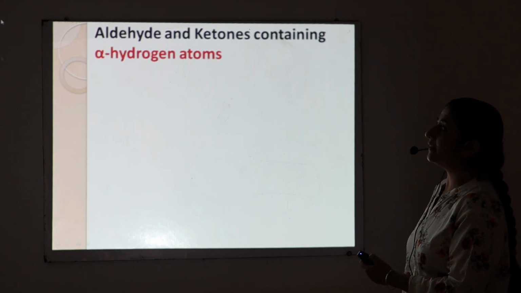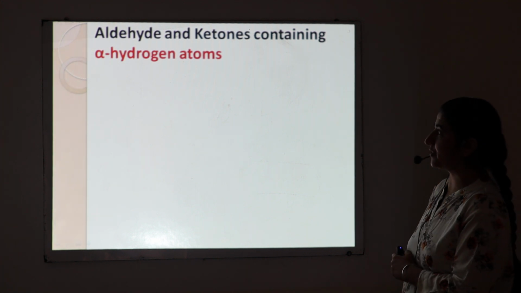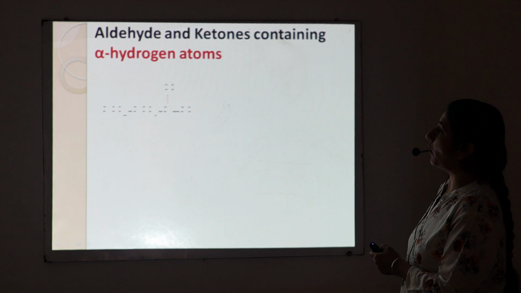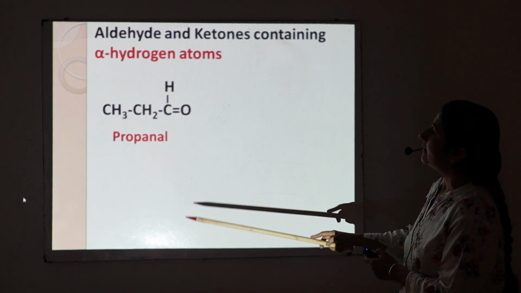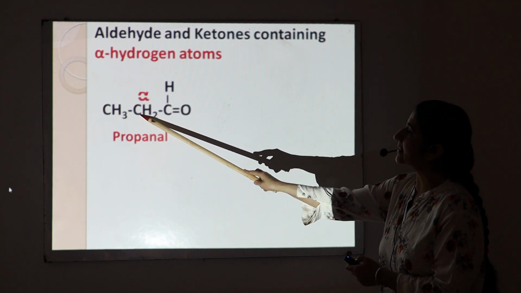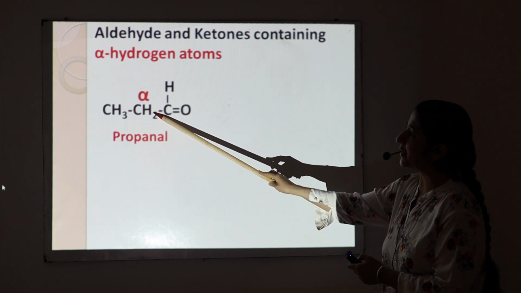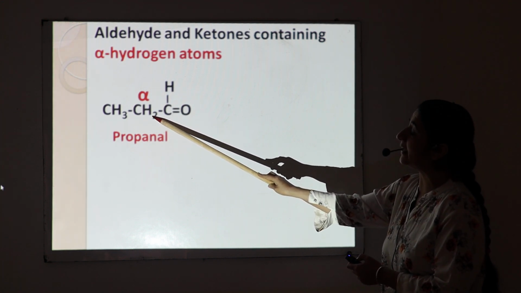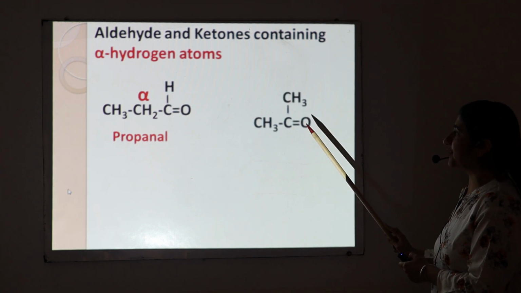To illustrate, I am taking a few more examples of aldehydes and ketones containing alpha hydrogen atoms. Number one is propanal. In propanal, this carbon is directly attached to the carbonyl group, so it is the alpha carbon atom, and these two hydrogen atoms attached to it are alpha hydrogen atoms. The next example is acetone.